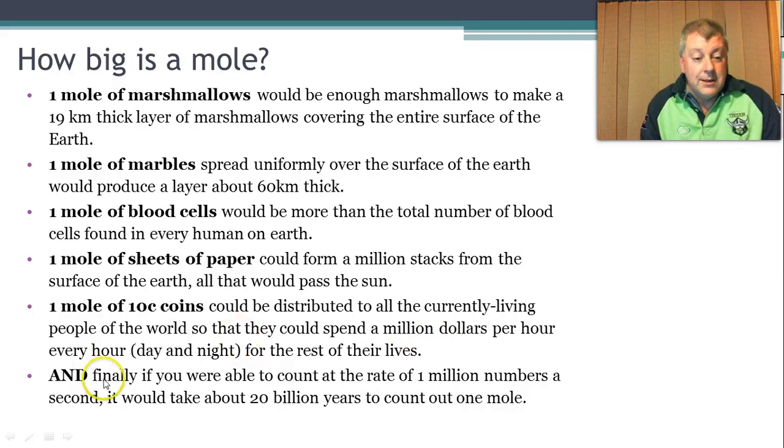And finally, if you are able to count at the rate of 1 million numbers a second, so 1 million, 2 million, 3 million, it would take you about 20 billion years to count out 1 mole. And seeing that the universe is not that old, you can't do it.